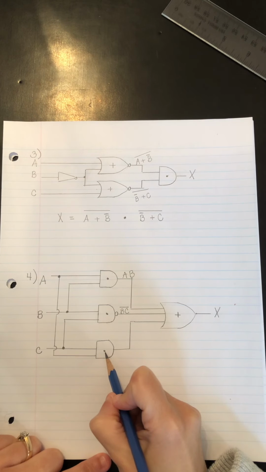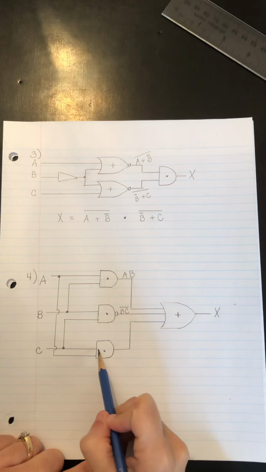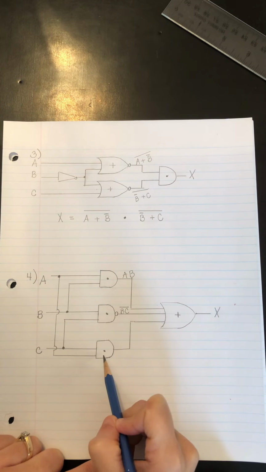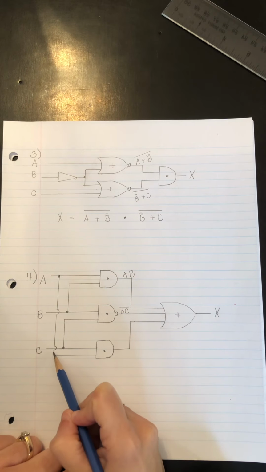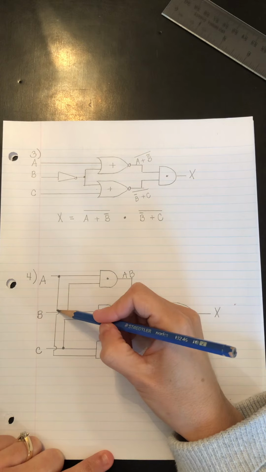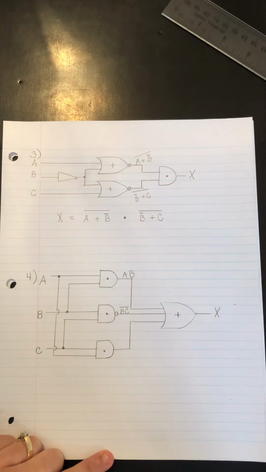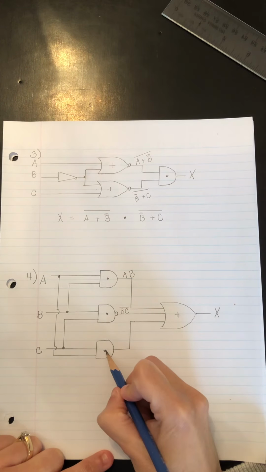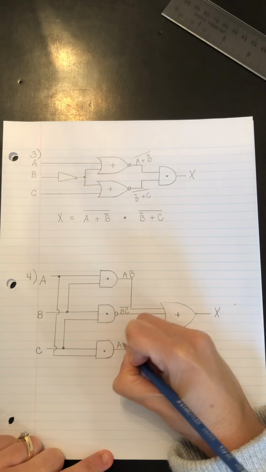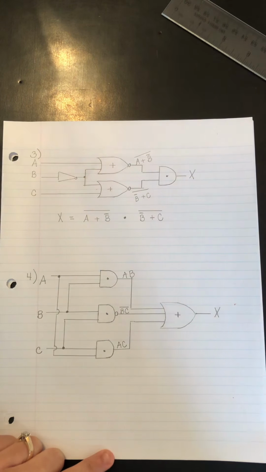And the last one here, what is being multiplied? Well, this wire goes back to C, but this one, where does it come from? Follow it. Look, I've got these loops to show crossing the wire here, crossing the wire here, and actually going back to A. So this is actually A times C, or C times A would be the same. Usually we keep it alphabetical order.